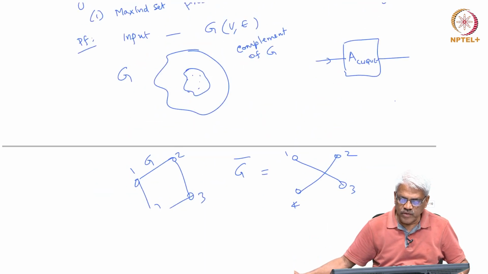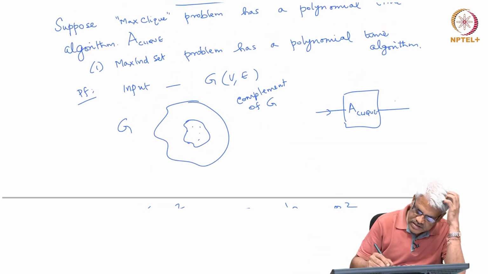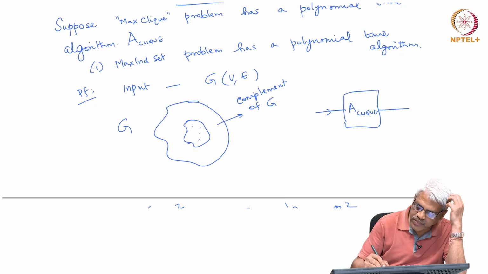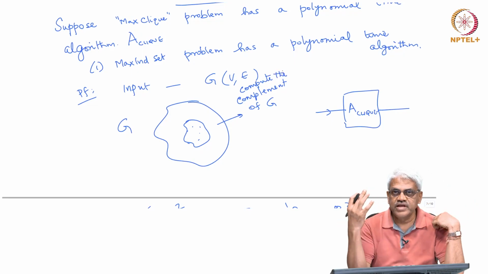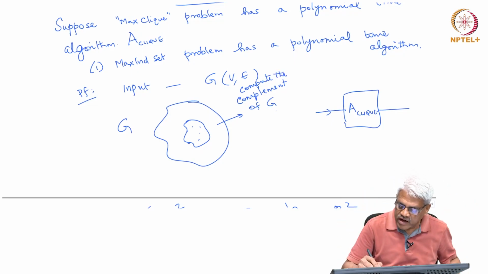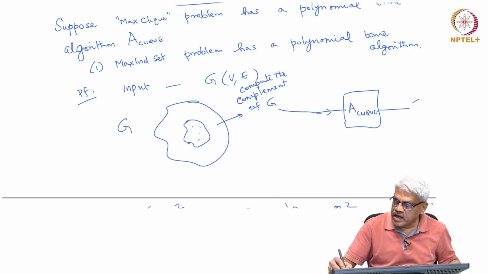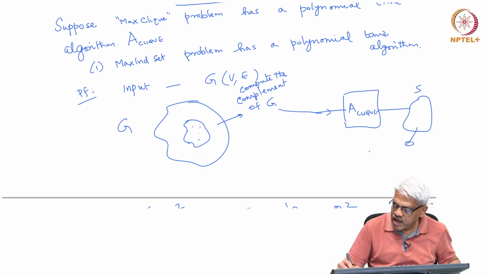So now what I am going to do is compute the complement. I know it is doable in polynomial time, even in n squared time, and give that complement to my CLIQUE algorithm. The CLIQUE algorithm will output some S. S induces a clique.